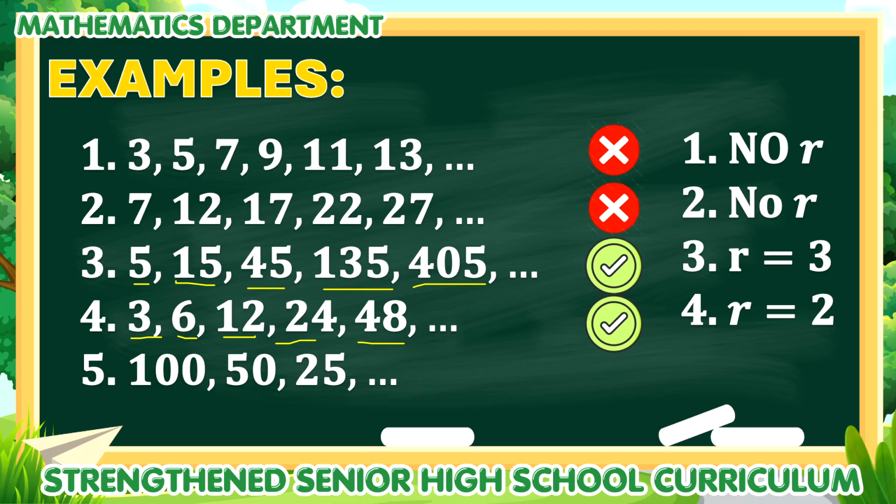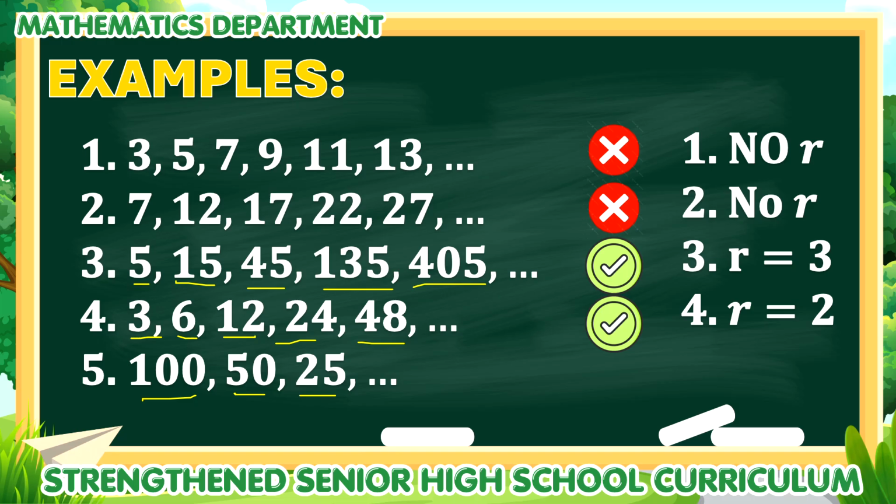For number 5, we are given the numbers 100, 50, 25, and so on. Our numbers here are decreasing, but if we inspect carefully, to obtain our second term we divide our first term by 2. Same with our third term: to obtain it, we divide our second term by 2.